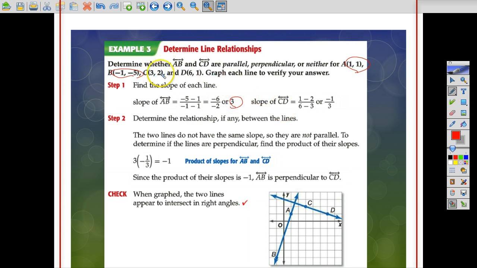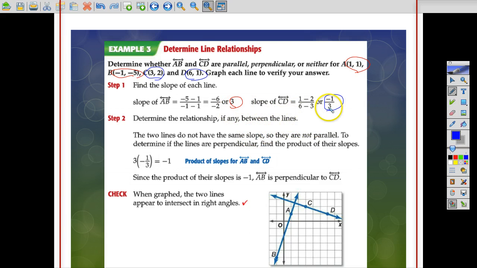The slope of CD is right here. You have 3, 2, and 6, 1. We're using the same equation. So 1 minus 2 over 6 minus 3, and you have negative 1 over 3. So 3 and negative 1 over 3. Okay. What kind of relationship do those two lines have?